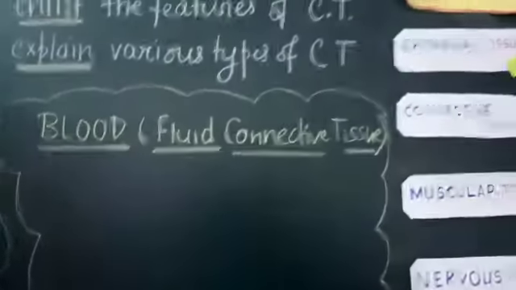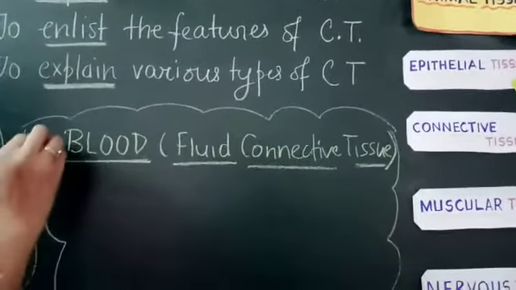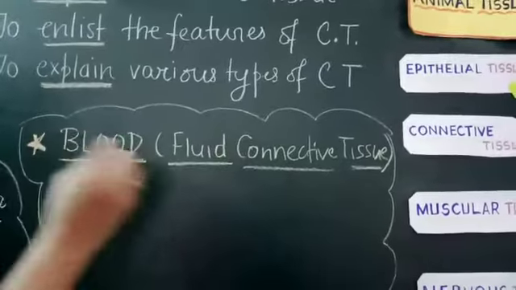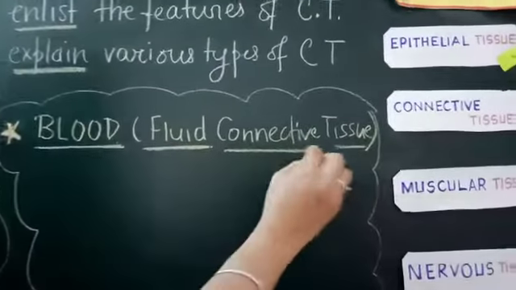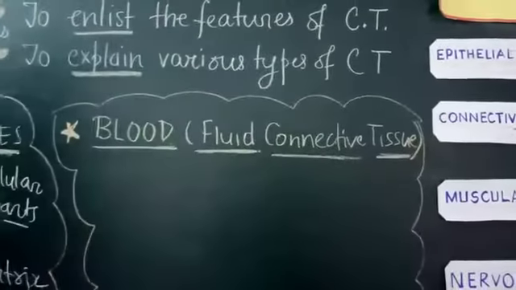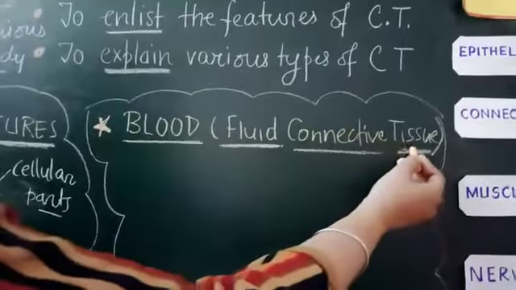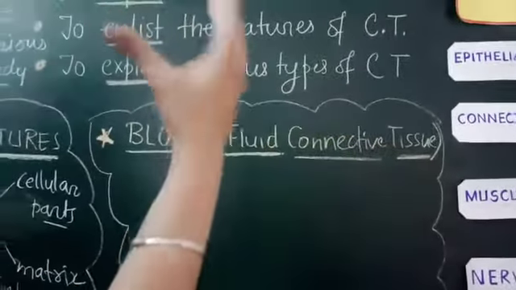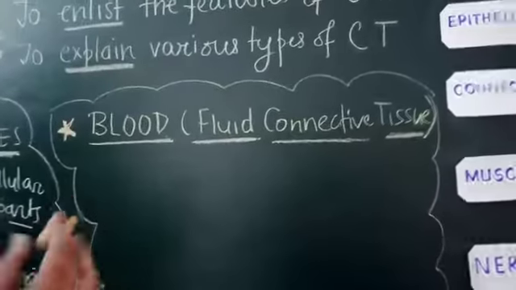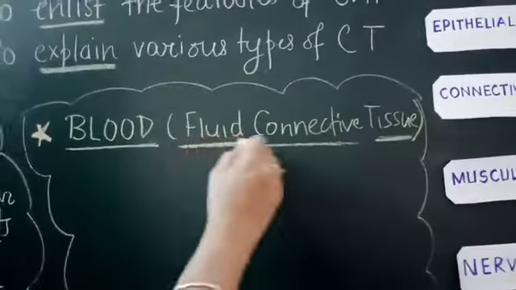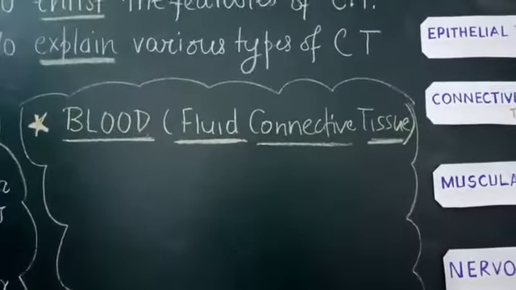So to start with, the most important connective tissue is the blood. Now the blood is defined as the fluid connective tissue. It is the main connective tissue. Whenever we talk about tissue, there is a cellular type of thing, a solid type of thing, but blood is a fluid connective tissue in our body.